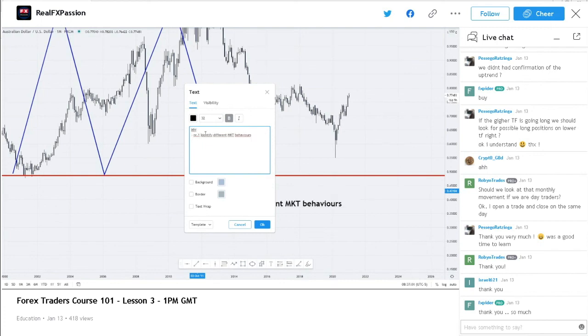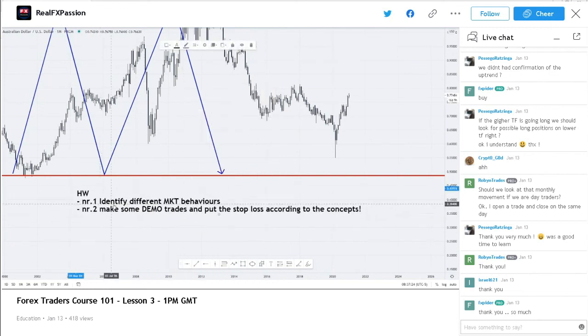So number 1 and number 2, make some demo trades and put the stop loss according to the concepts. Okay, those are the 2 homeworks, everybody, until tomorrow.